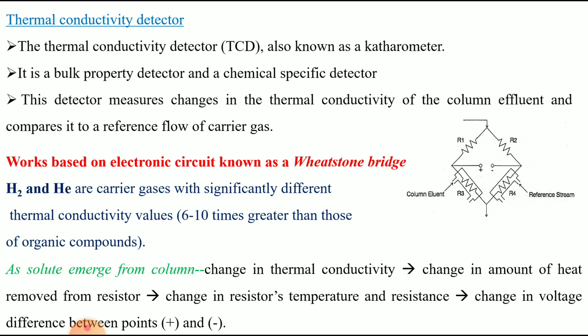This detector mainly measures the change in the thermal conductivity or temperature of the column effluents and compares it to a reference flow of carrier gas. That is, the temperature difference between the carrier gas and the analyte is measured using this thermal conductivity detector.